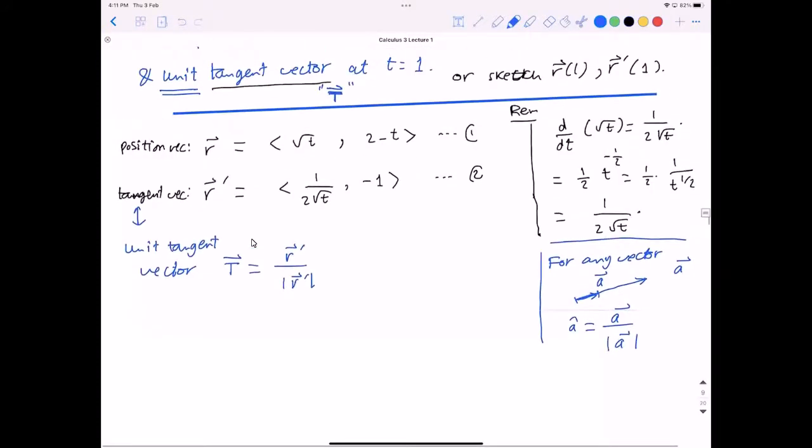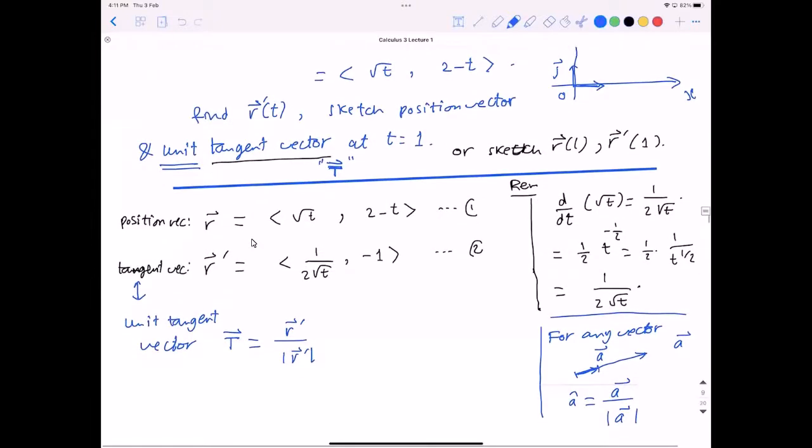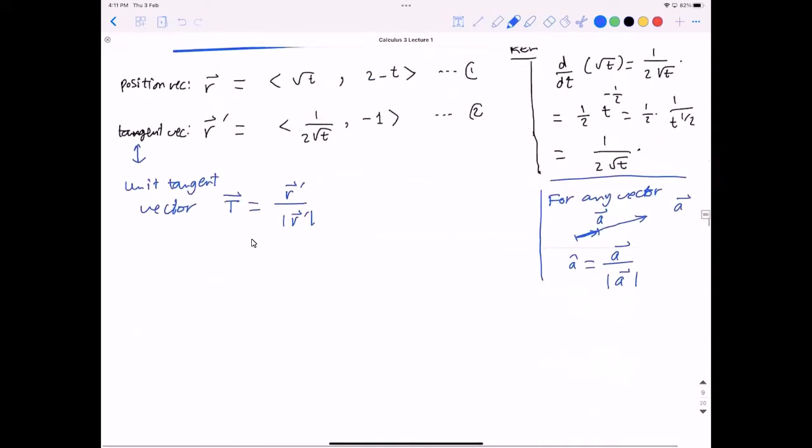So we are asked to draw all of that at the time t equals 1. So let's compute this. R prime first.